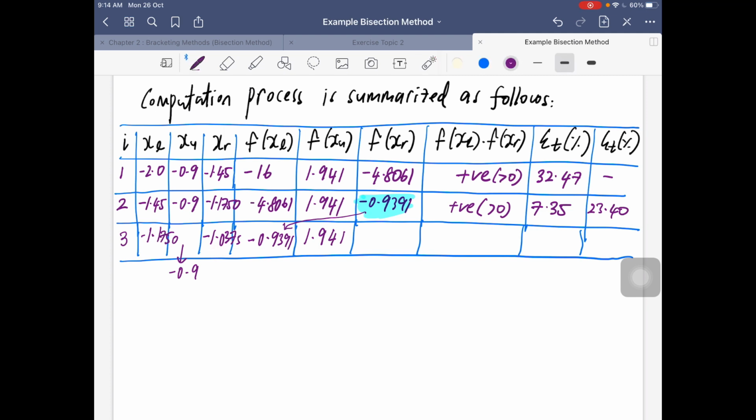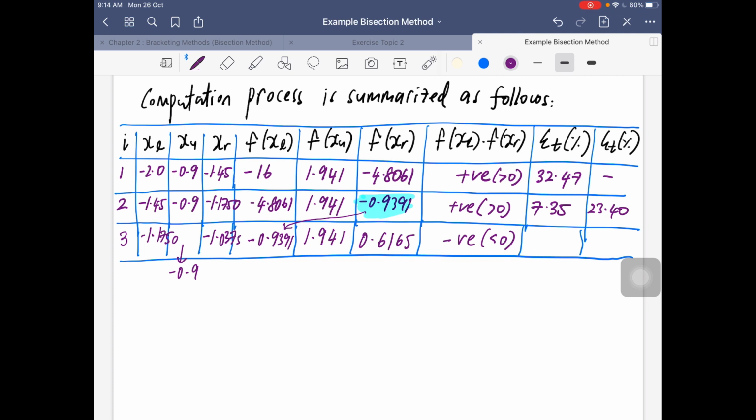You should get 0.6165. If we check FXL multiplied with FXR, we have negative multiplied with positive, so the value is negative, less than 0. This means that our root lies inside the upper interval.